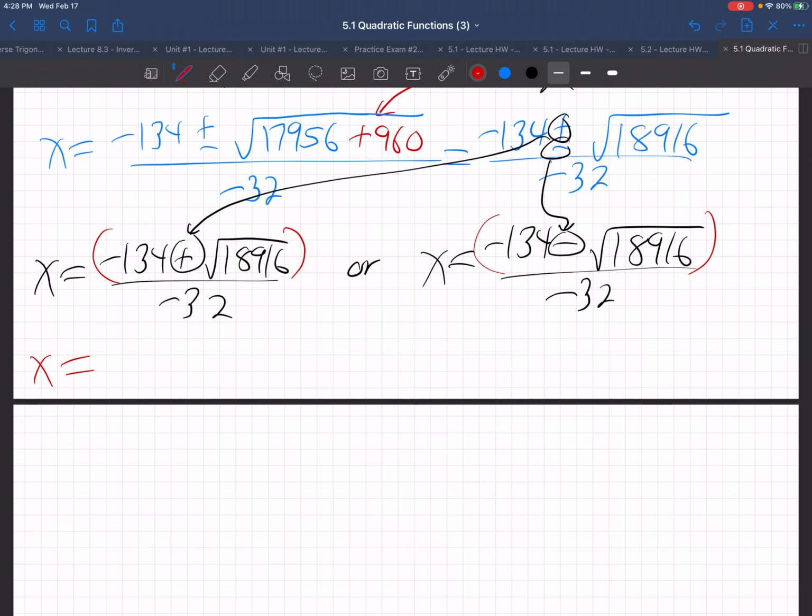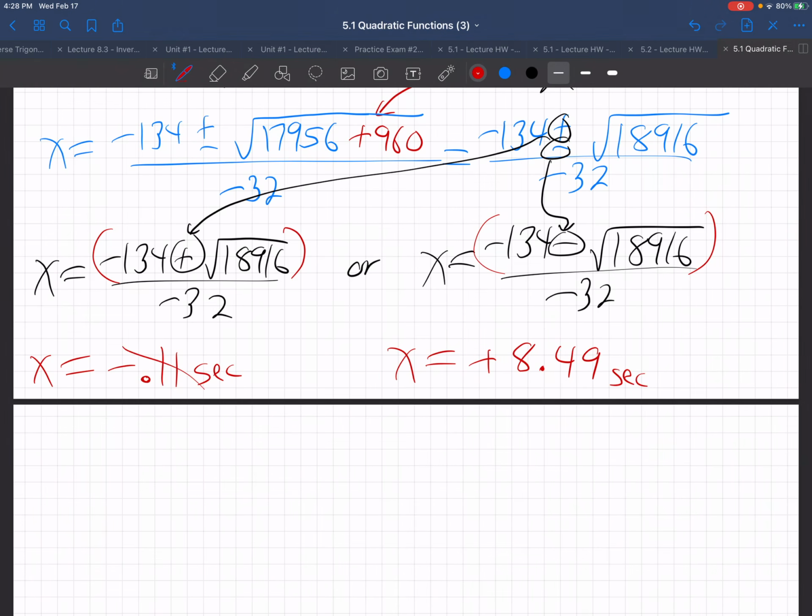18,916. I'm getting negative 0.11. And this one, I'm getting positive 8.485, so around 8.49 seconds.